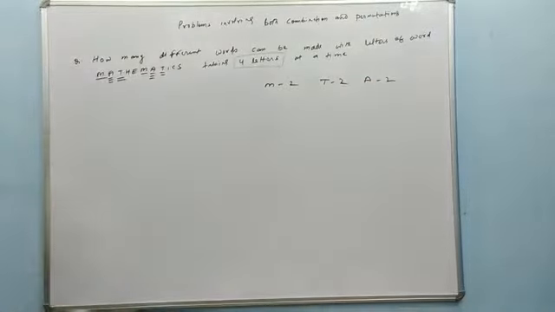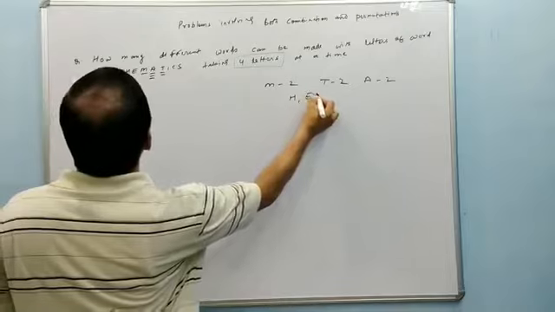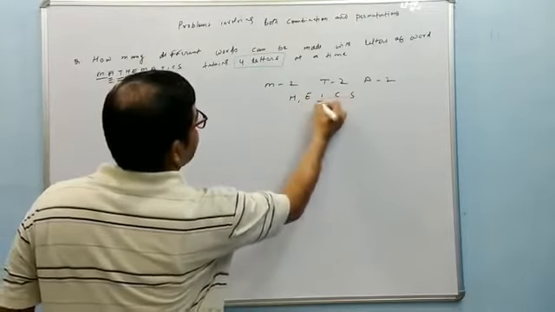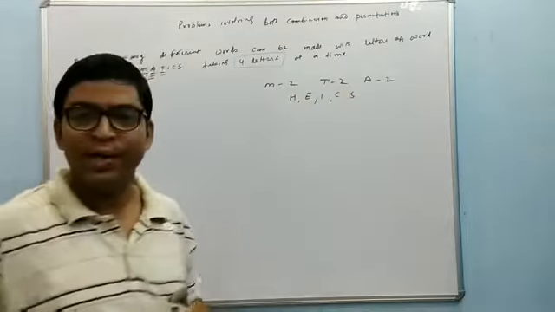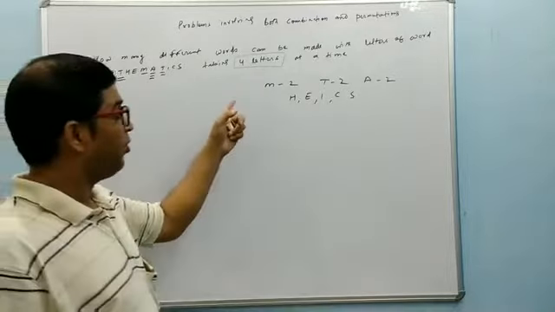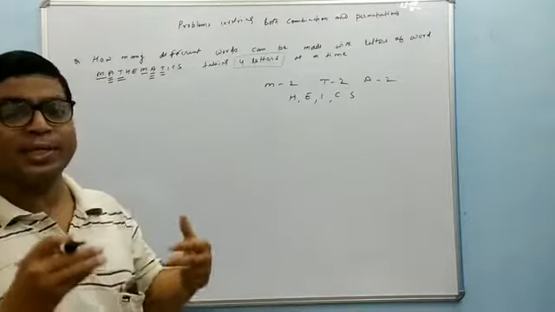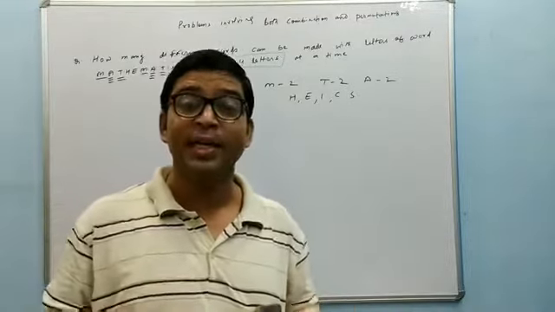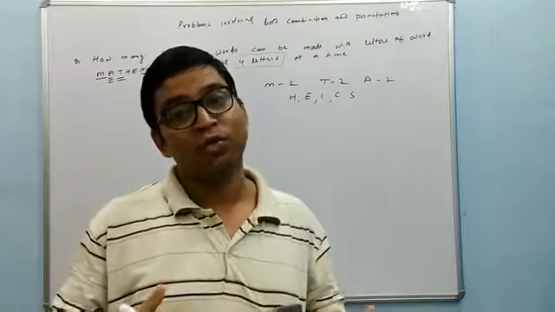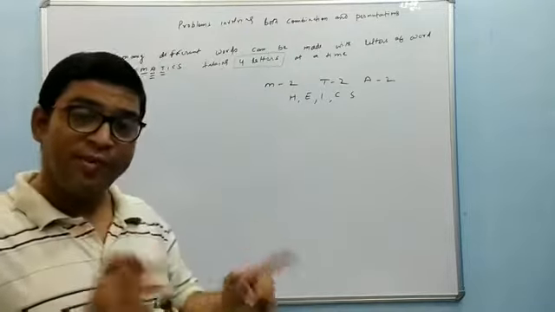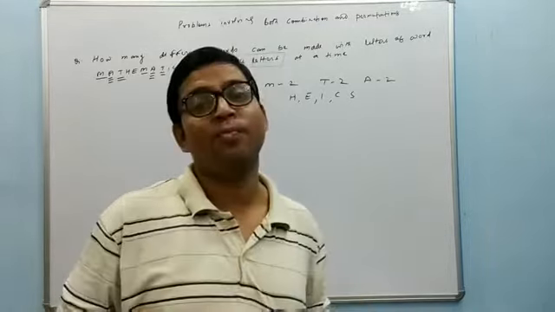And apart from that, the letters which are single non-repeating is H, E, I, C, S. So in total we got 6 plus 5, 11 letters, out of which a combination of 2, 2, 2 is there. So we have to take care of that. So firstly we will be selecting the things. We will be selecting the 4 letters and then the 4 letters will be arranged to find the total number of words. Okay, so firstly we will be doing the problems of combination, selection, and then arrangement, that of permutation.